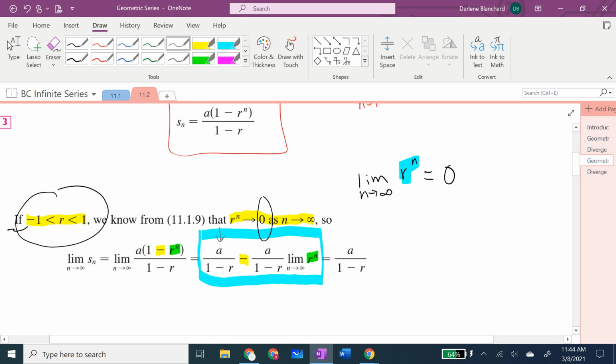So this is coming from this 1 being distributed, and then this term is coming from that R being pulled out and left with a 1 there. Ultimately, here's a formula. It's really nice and simple to use. But that's only if R is between -1 and +1.